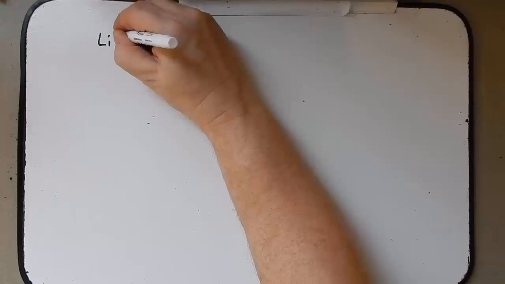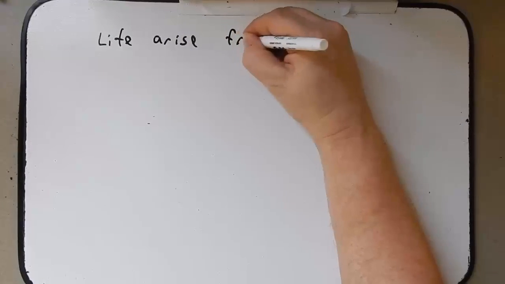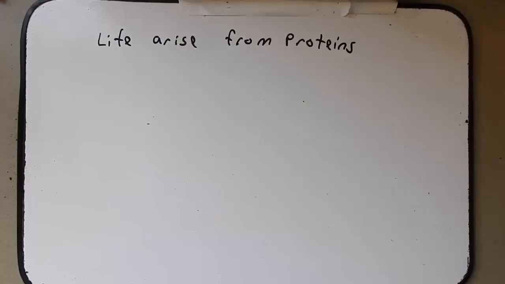In the past few podcasts, we talked about all the really great things that proteins can do. The functions they have, the way they can change shape, the way they help cells perform a diverse and wide array of functions. So did life arise from proteins? Did proteins come first, so to speak?